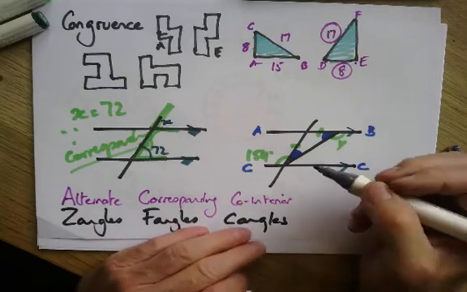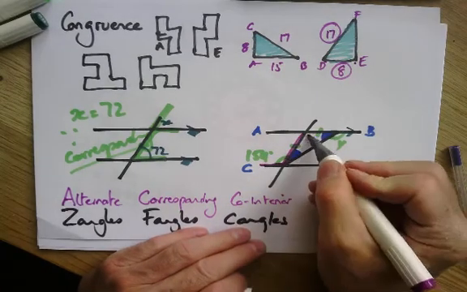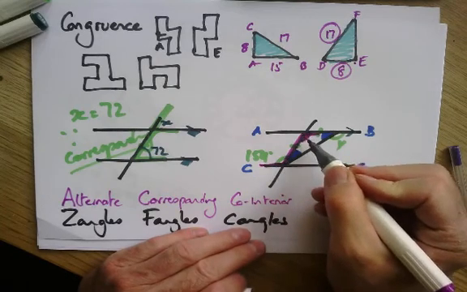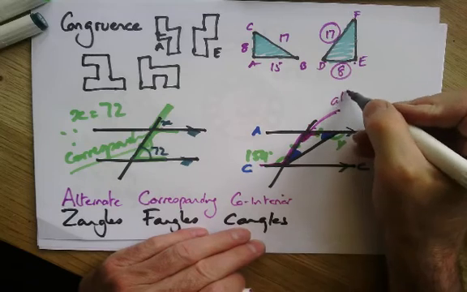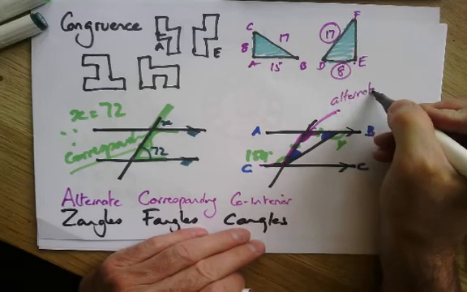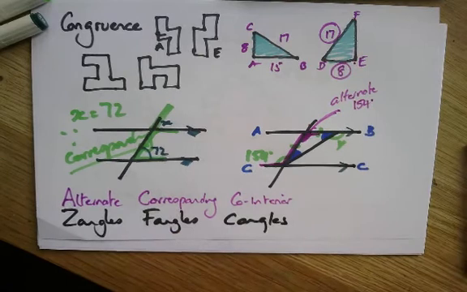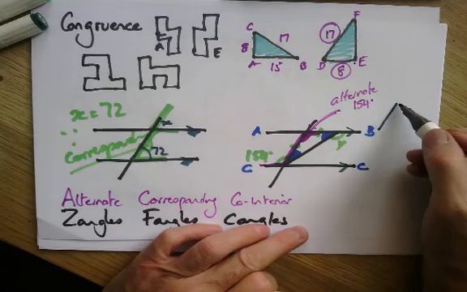So how am I going to do this? Well, there are lots and lots of ways to do this, but I'm going to do it here. I see this angle here is alternate with this 154, so that angle in there is 154 degrees. It's kind of a long process this, so bear with.